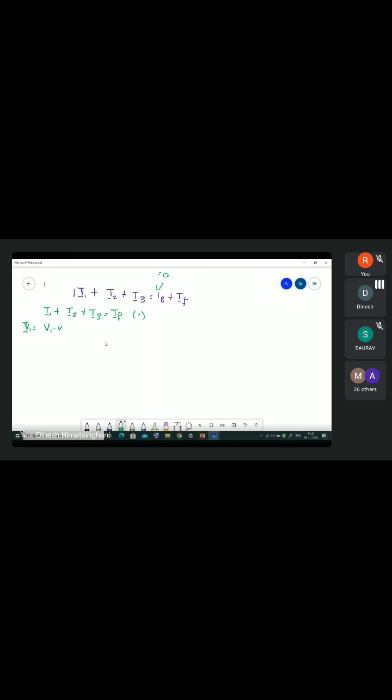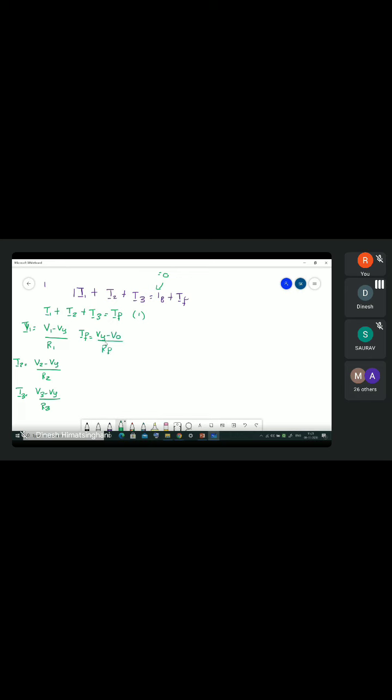I1 is V1 minus Vy divided by R1. What is I2? It is V2 minus Vy upon R2. What is I3? It is V3 minus Vy divided by R3. And in a similar manner, what is IF? It is Vy minus V0 divided by RF.